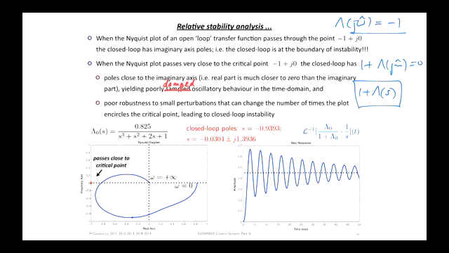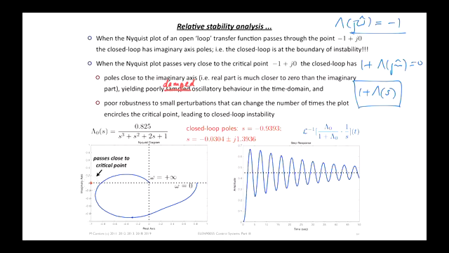So we clearly don't want to be on the critical point. And it turns out that the closer you are to the critical point, the more oscillations you get in the closed loop response to step changes in the disturbance inputs, for example. That kind of makes sense. If I'm on the critical point, I've got closed loop poles on the imaginary axis, so that's not stable. And if I kick it, it'll just oscillate forever in principle.